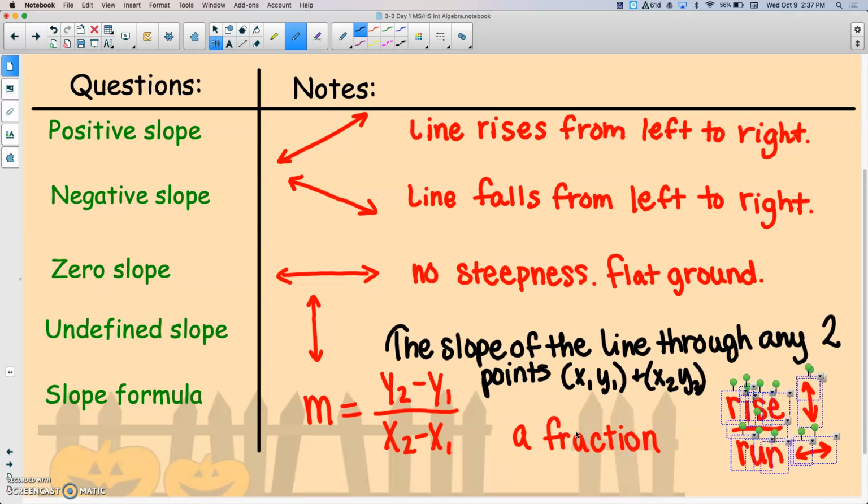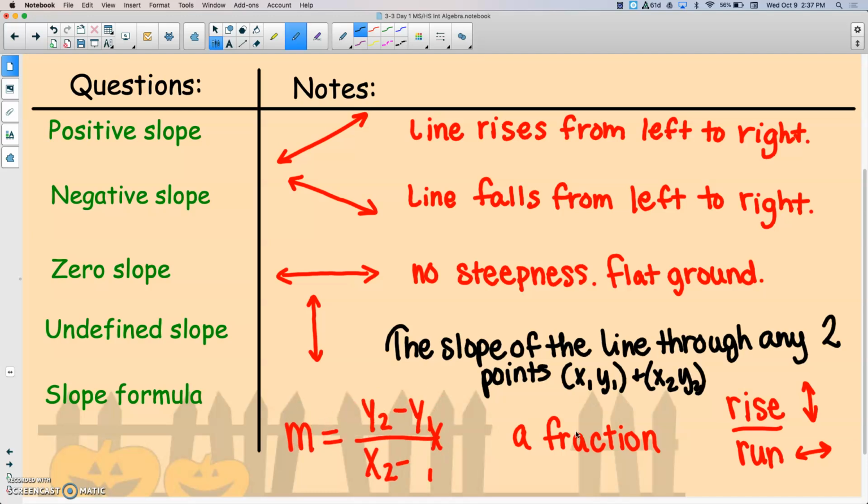Okay, so slope is often a fraction, and you could find it by subtracting the y coordinates over the x coordinates. Your ordered pairs always have an x coordinate followed by a y coordinate. So one of your ordered pairs is x1, y1, and the other is x2, y2. Hopefully this will make sense as we go through the next slides.